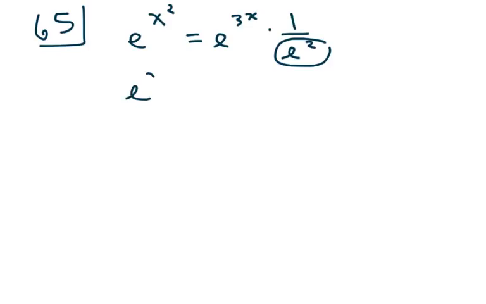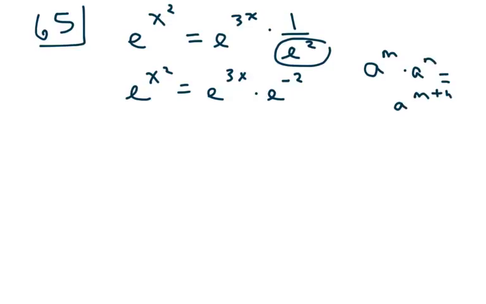Everything's the same base but that. So we're going to write it as e to the 3x times e to the negative 2. And this follows the form a to the m times a to the n equals a to the m plus n. So on this side what we get is e to the x squared equals e to the 3x minus 2.